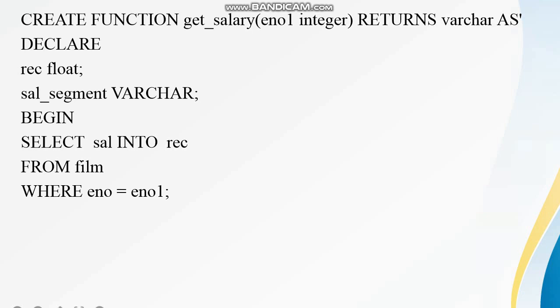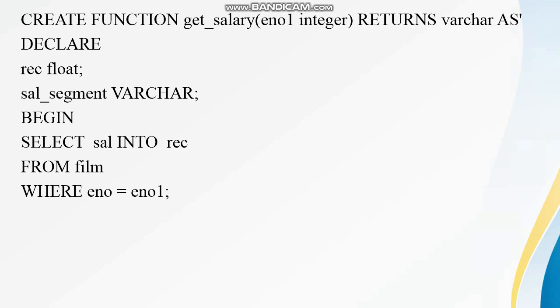Other variables: rec of type float, salary segment of type varchar. Begin, select sal into rec. Always remember, sal is nothing but the attribute of your table.